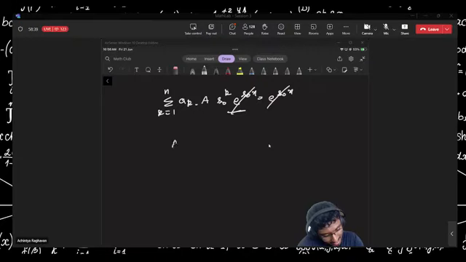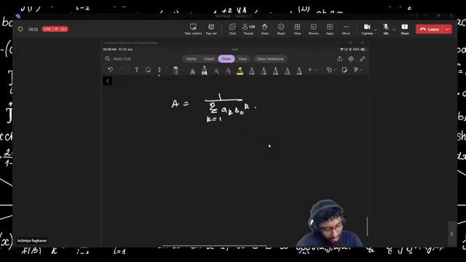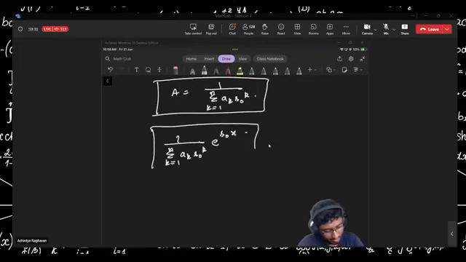And so we get a is equal to 1 by the summation from k equal to 1 to n of a_k s naught power k. Yeah, okay. So we have this. So what is the final solution? This scaling factor times this. So this is the final solution.